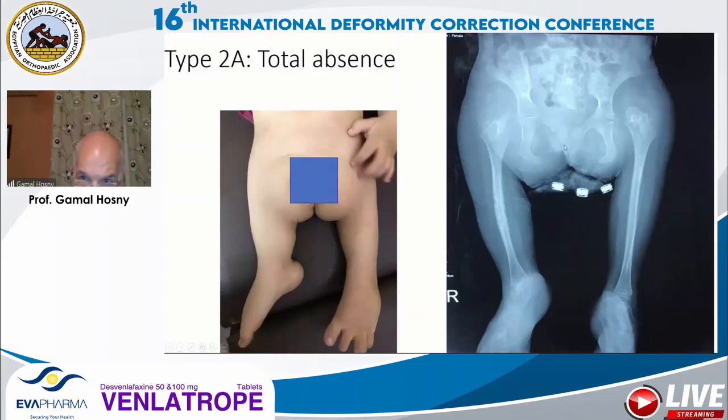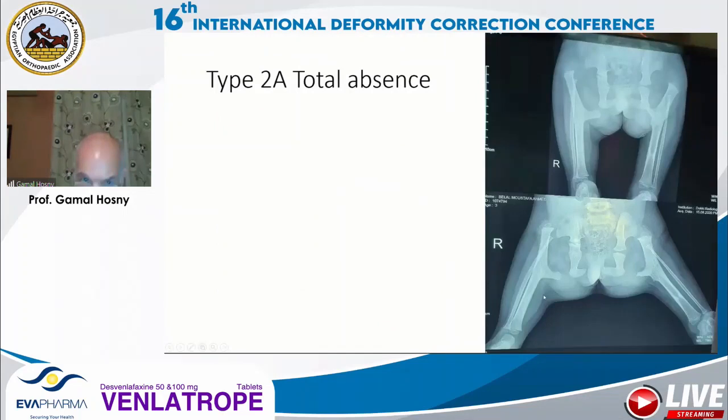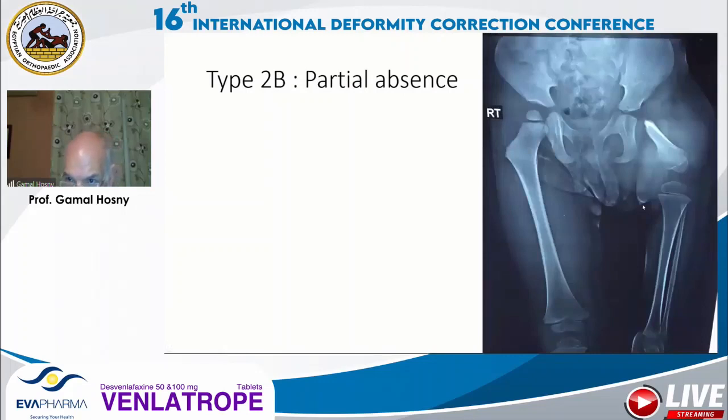And this is an example of total absence on both sides at a young age. So type A, total absence of the femur on both sides, you see. Total absence, again. This is the tibia. Partial absence.